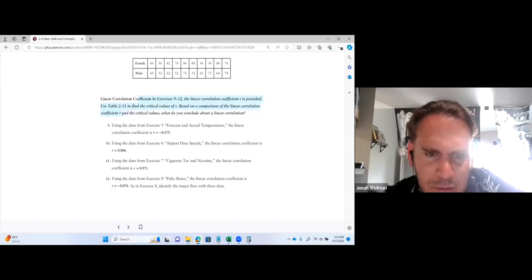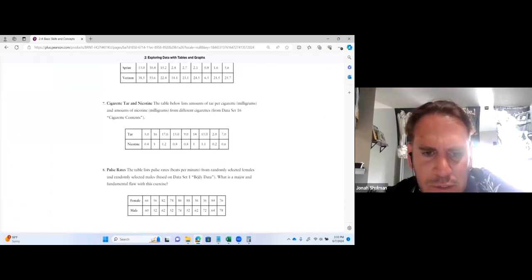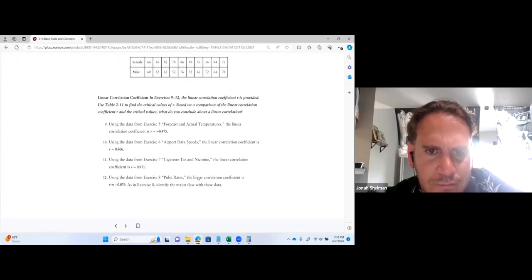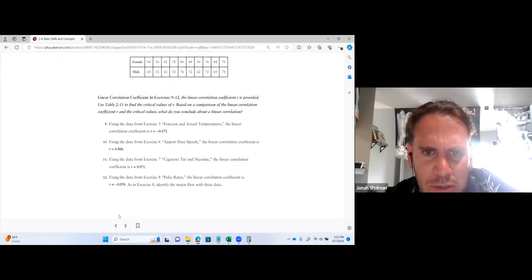Based on a comparison of the linear correlation coefficient r and the critical values, what do you conclude about a linear correlation? Using the data from exercise 5, forecast and temperatures, the linear correlation coefficient is negative 0.574. All right, so let's look at some of these critical values. So 9 through 12. This was in exercise 5.